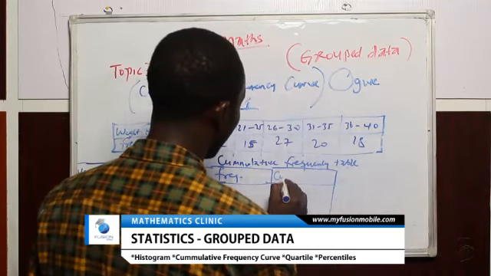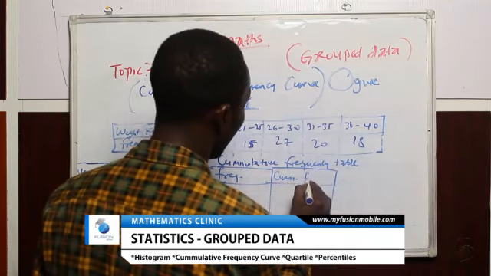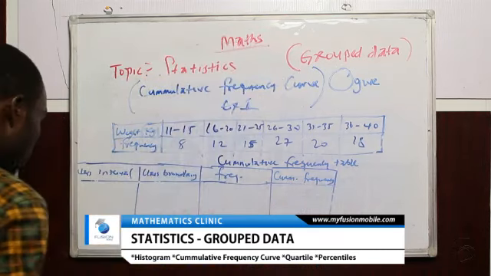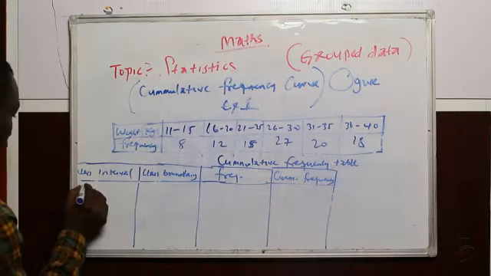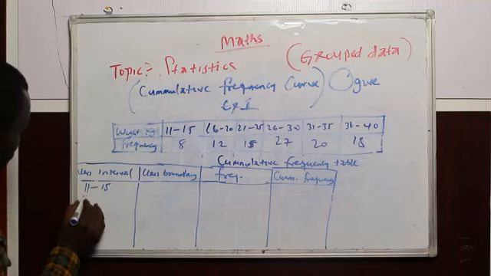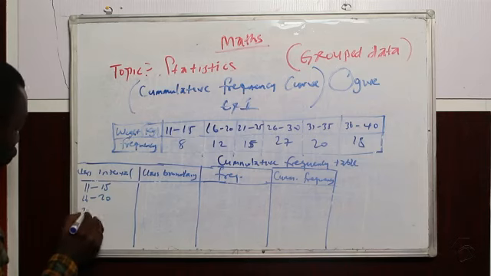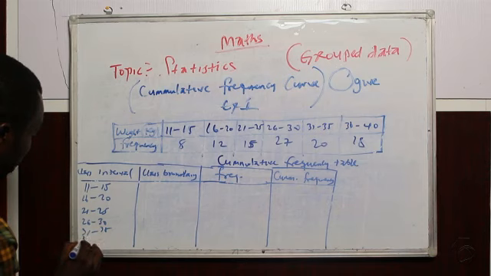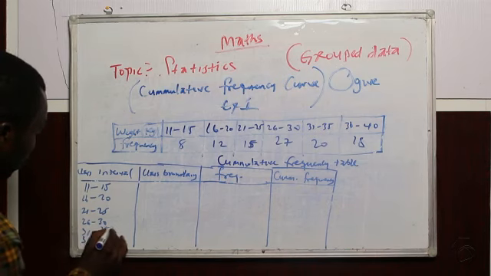And the next one, we have the cumulative frequency. Now, the class interval is 11 to 15, 16 to 20, 21 to 25, 26 to 30, and 31 to 35, and 36 to 40.